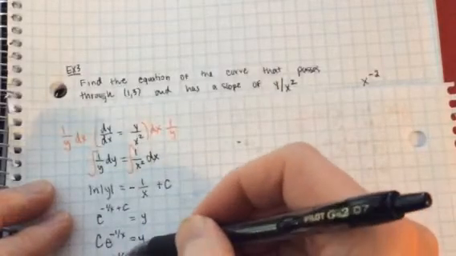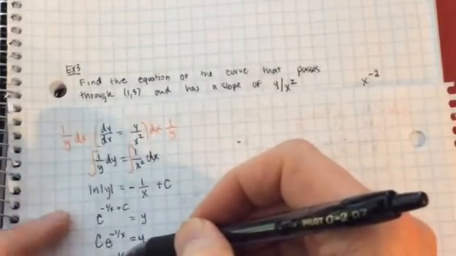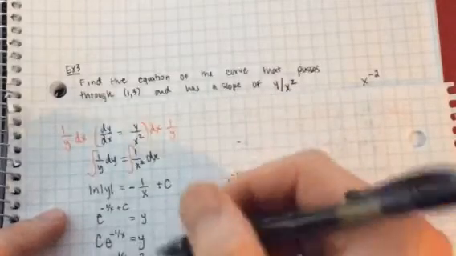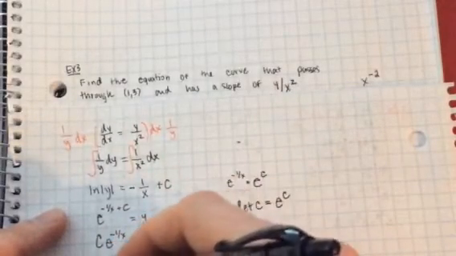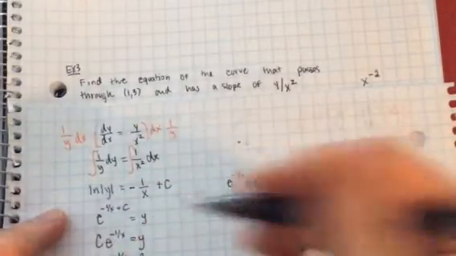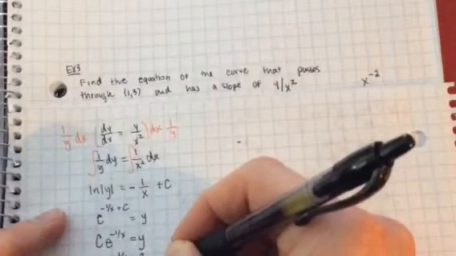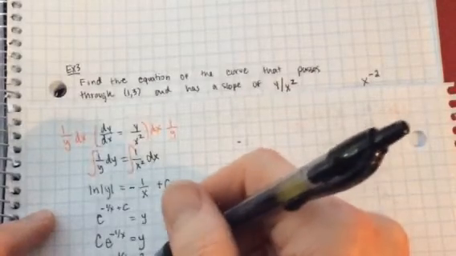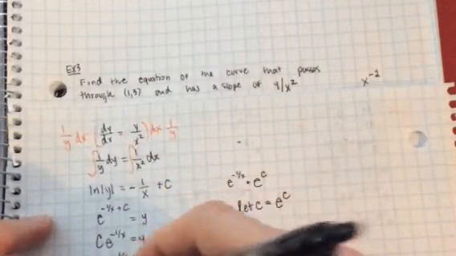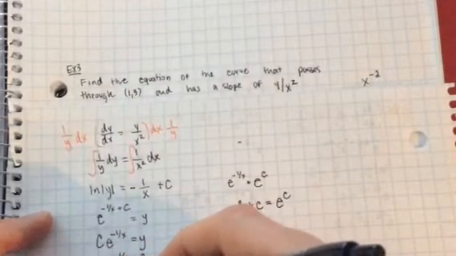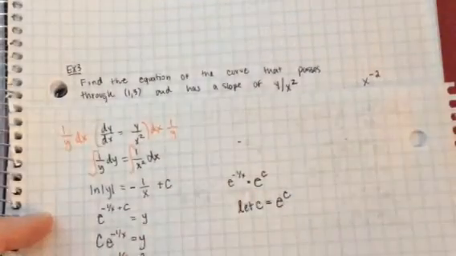Well, e to the negative 1 over 1, that's just e to the negative 1. So we can divide both sides by e to the negative 1. But dividing by e to the negative 1 is really just like having an e to the 1 in our numerator. So c is equal to 3 times e.